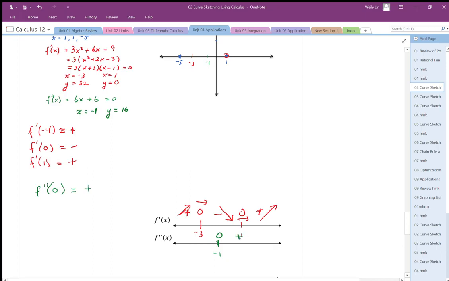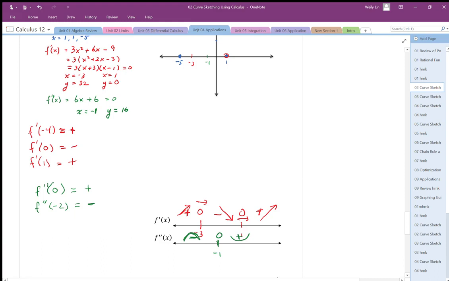And again, our slope graph indicates our positive concavity there. f double prime, let's choose negative 2. And if I plug negative 2 into the second derivative equation, I'm going to get negative 6. I know it's negative, which means it's concave down.